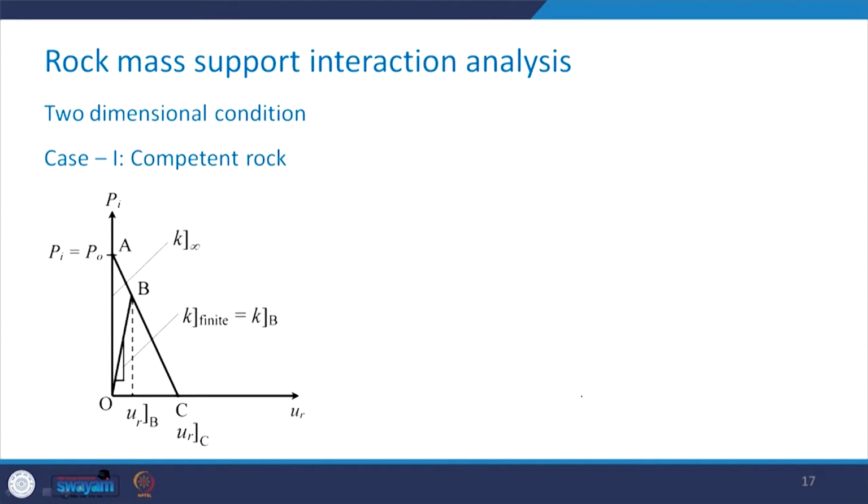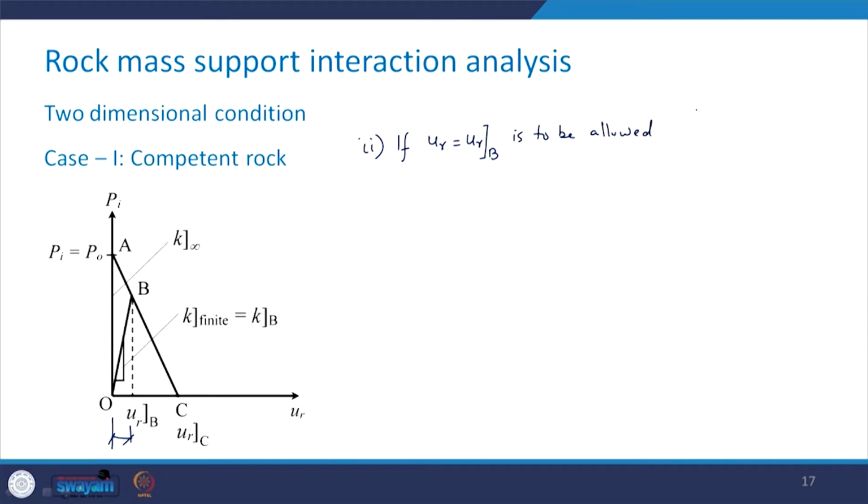Now come to the second case, that if this UR, I can allow that, okay, the tunnel can experience some radial deformation. That means this much from here to here has been permitted, is to be allowed.